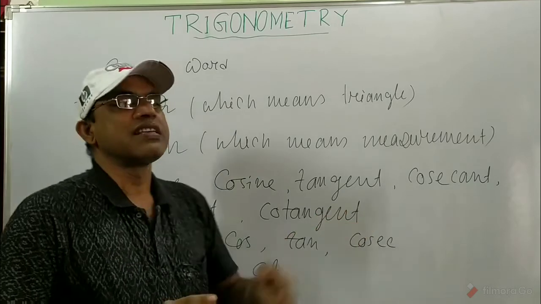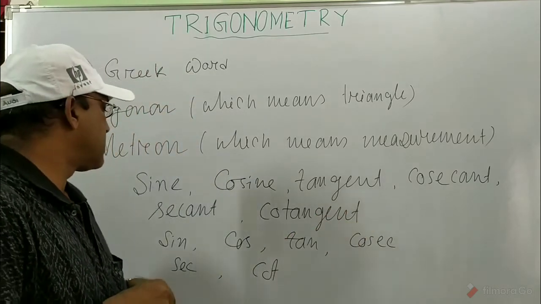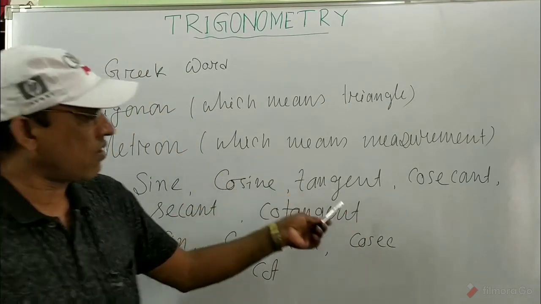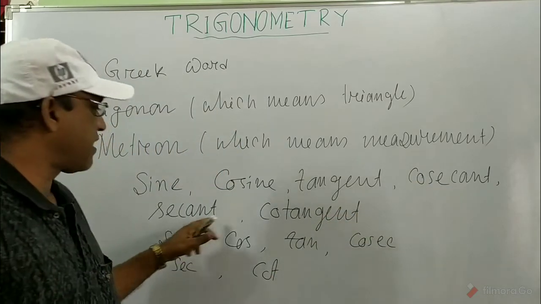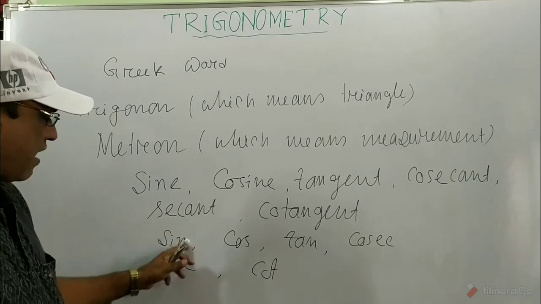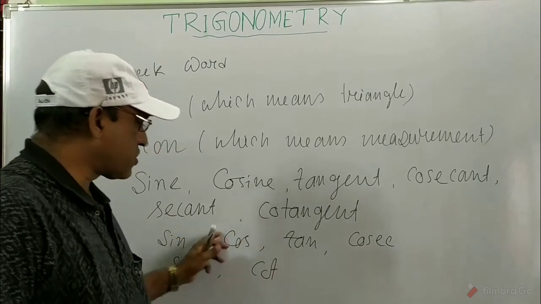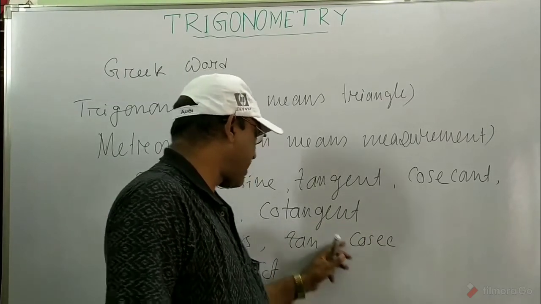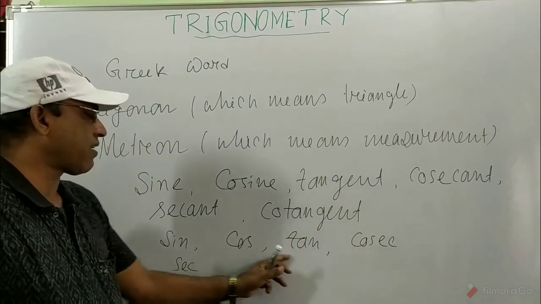So there are 6 ratios: sine, cosine, tangent, cosecant, secant and cotangent, written in short form as sin, cos, tan, cosec, sec and cot.